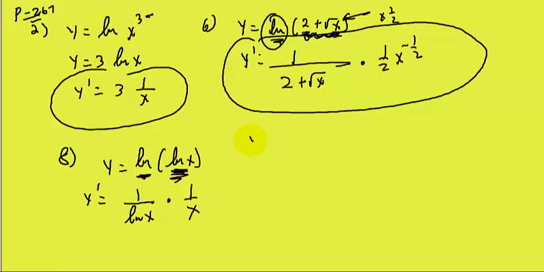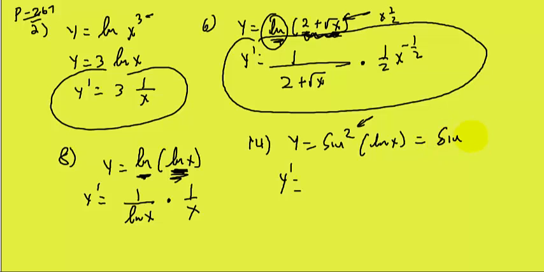And then the next one is 14. I have y is equal to sine squared of ln of x. Now I'm taking a derivative of this, but I have to use the chain rule. What's my outermost function? It's the square one, so I have to take the derivative of the square function. Some of you were still confused on the midterm, that you could not understand that if I put a square here, this goes all the way on the outside.